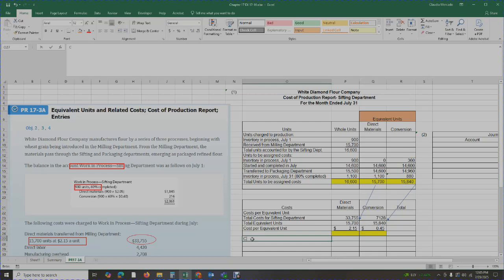Now we're going to have our costs assigned to production. Okay, so we're going to begin with our inventory in process, July the 1st. Okay.